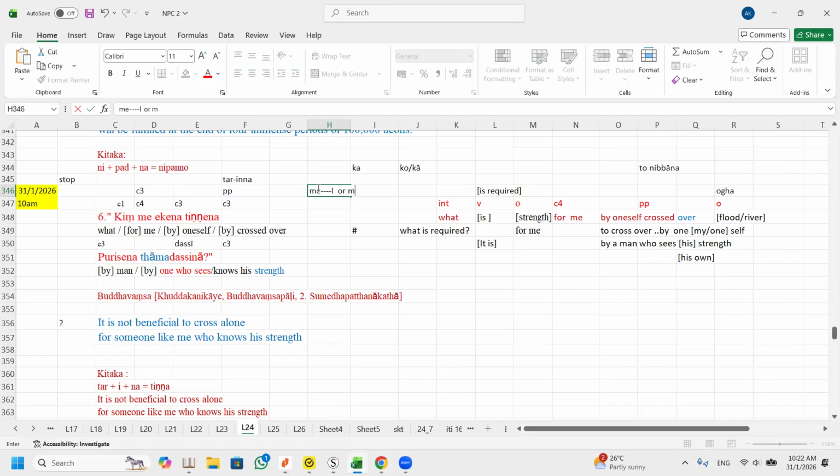Okay. The moment you find me in Pali, straight away your translation will go I or me. Me is object, I is subject. You take this, it is correct already.